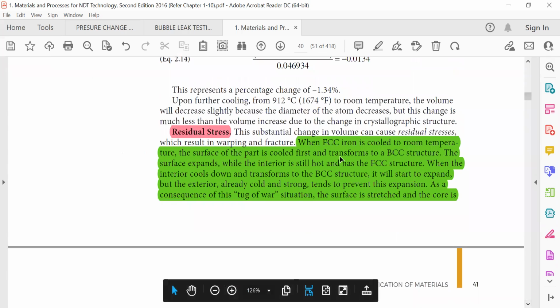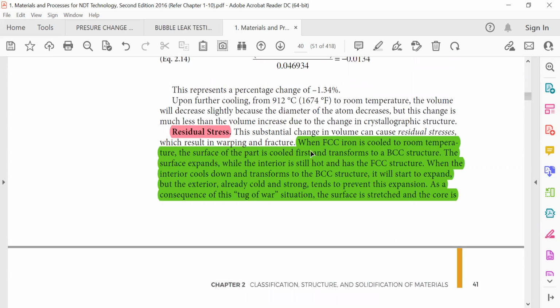Residual stress. When FCC iron is cooled to room temperature, the surface of the part cools fast and transforms into the BCC, body-centered cubic, structure. The surface expands while the interior is still hot and has the FCC structure.